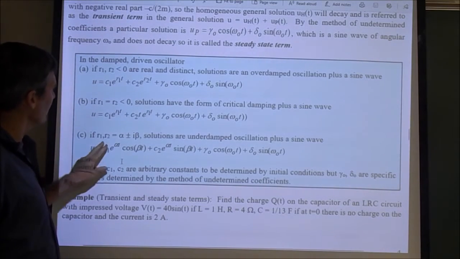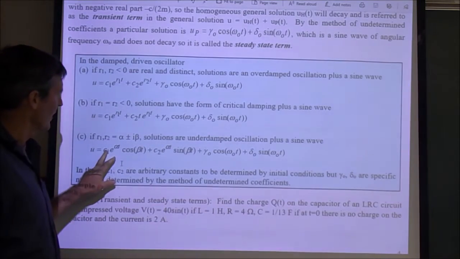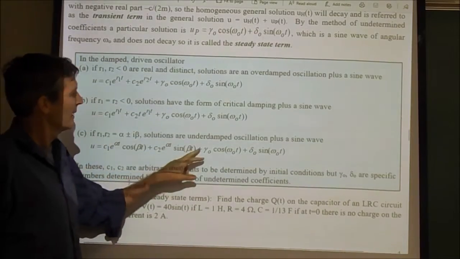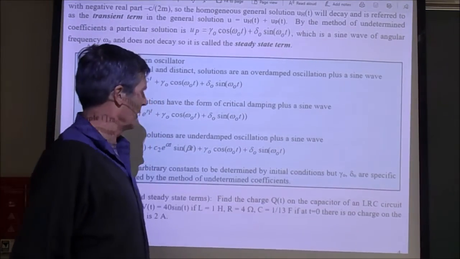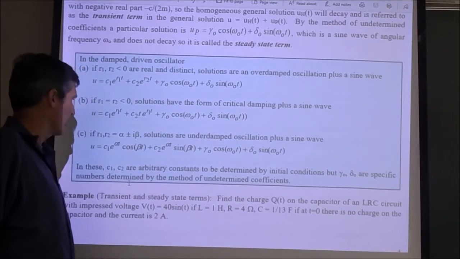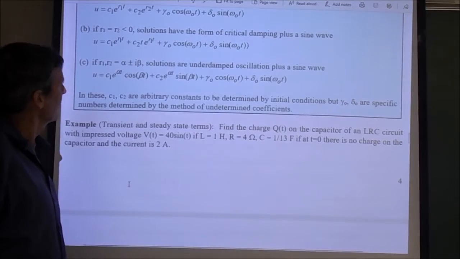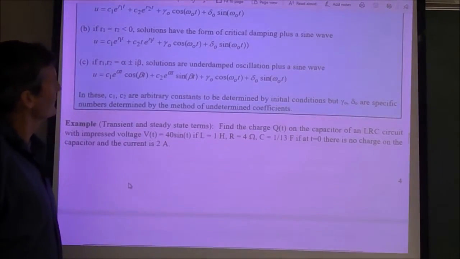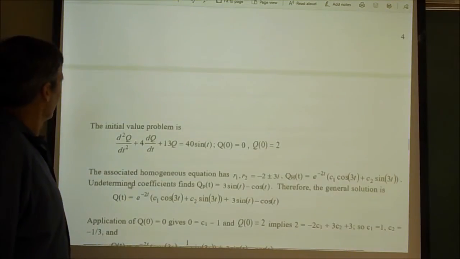And so we call this part that damps out, the homogeneous solution, the transient term, because it goes away. And we call this part that keeps beating away the steady state term. So the homogeneous part is the transient term, and the particular solution gives you the steady state term. Here's an example.